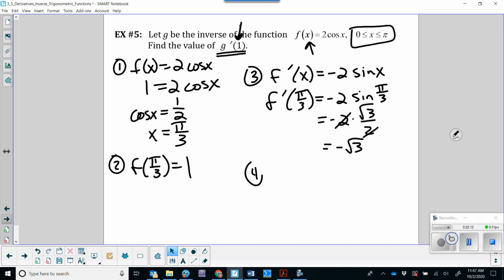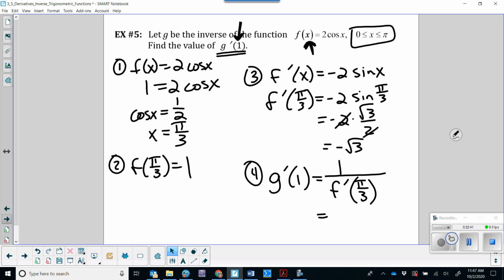So last thing when I'm doing inverses, this is from the last section, is I know that g prime of 1 means 1 over f prime at pi over 3. So again, they're asking me to do g prime at 1. That means 1 is the y value for f, and I need to find 1 over the derivative at the x value, the other piece of the point.